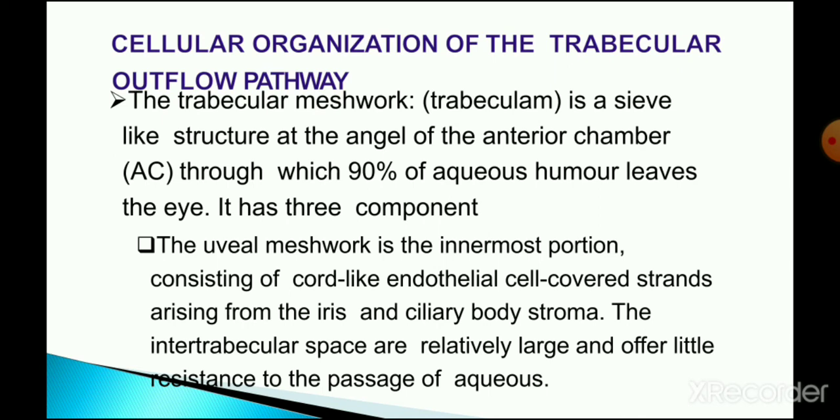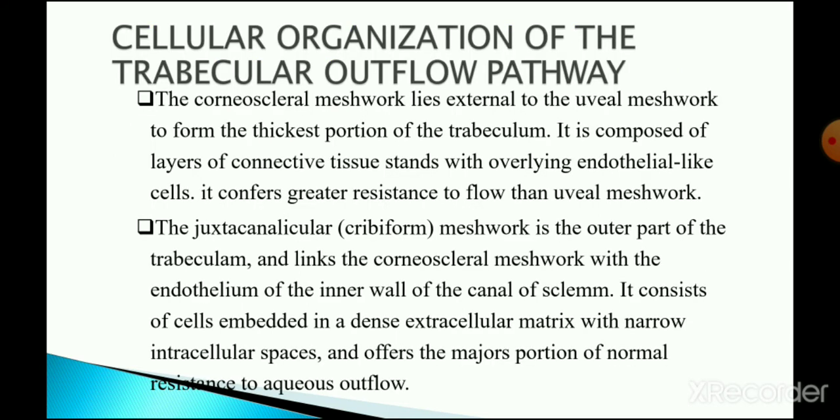The intertrabecular spaces are relatively large and offer little resistance to the passage of aqueous. The corneoscleral meshwork lies external to the uveal meshwork and forms the thickest portion of the trabeculum. It is composed of layers of connective tissue strands with overlying endothelial-like cells. It confers a greater resistance to flow than the uveal meshwork.